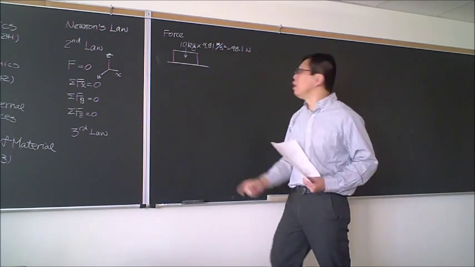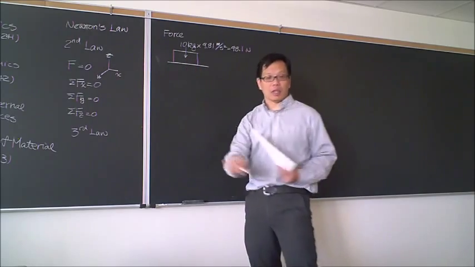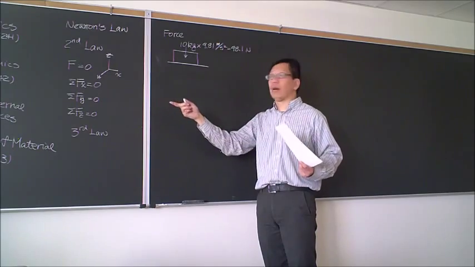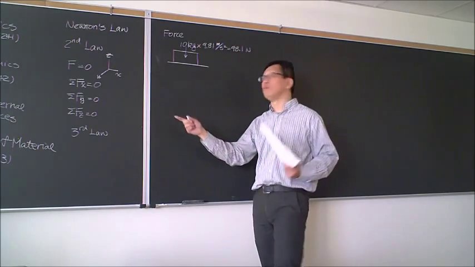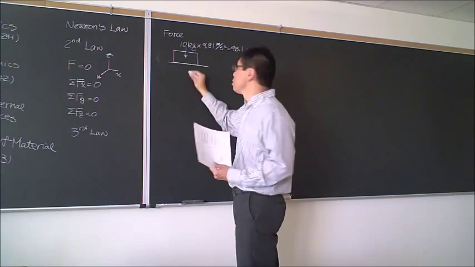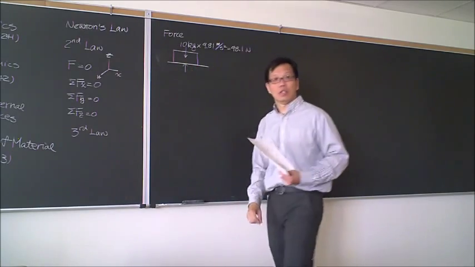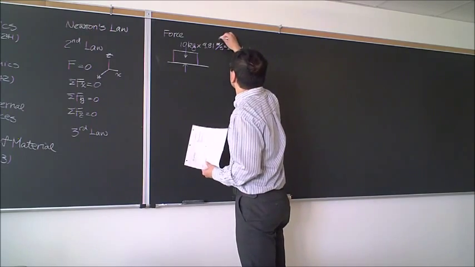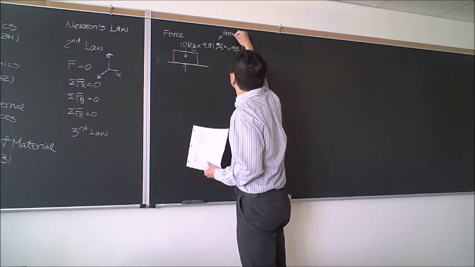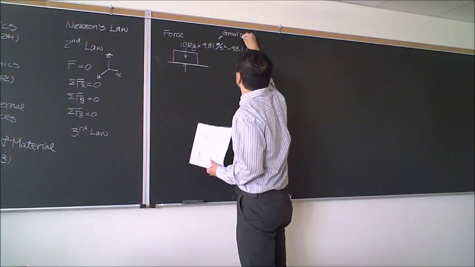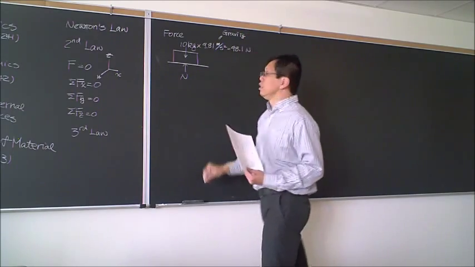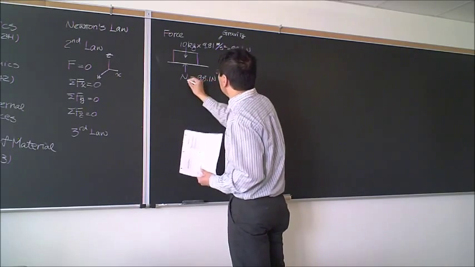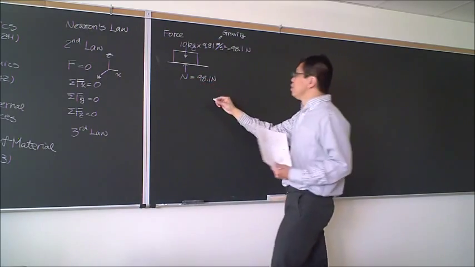And obviously, when I'm putting this object on top of the table, it's not going to move up and down. Again, we're talking about statics, so nothing is going to move, which means there is another force over here to prevent everything from dropping. So this is created by gravity. This is going to be another force, normal force.